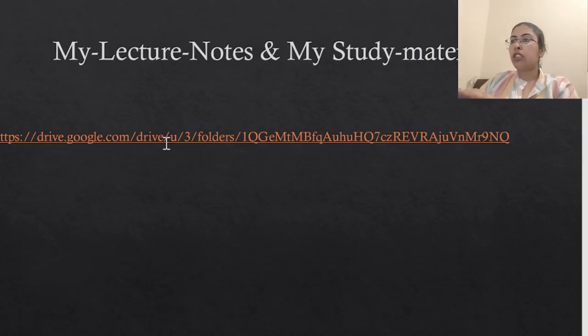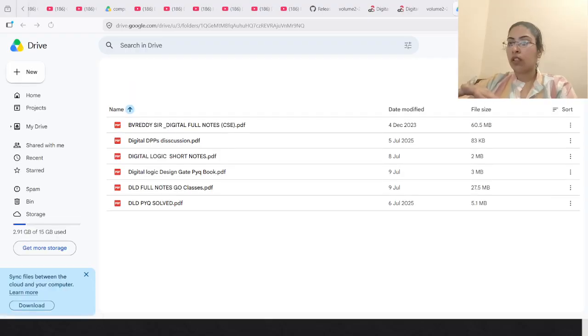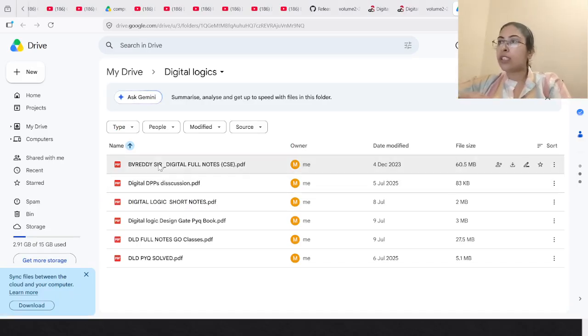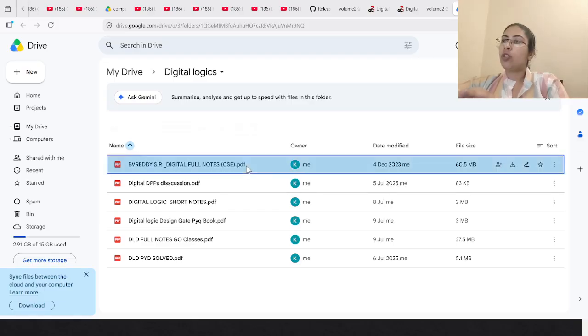Let me show you my own lecture notes and study material which I used in my own preparation for digital logic. So this is BV Reddy sir's digital logic full notes.